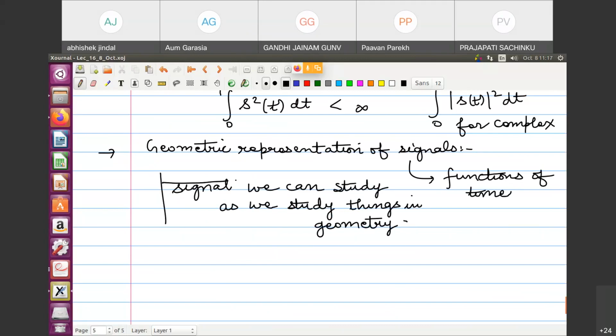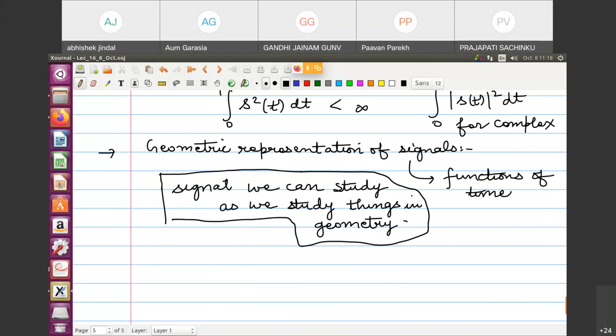So this is the premise of what we will be doing. And this really opens up a lot of things. Why? Because geometry is quite well developed. And if at all we can represent signals as elements in geometry, then we save ourselves a lot of time. Otherwise, if I talk of s of t as a signal, with t belonging to 0 to T, it has infinite values. As you change t between 0 and T, it has infinite values.